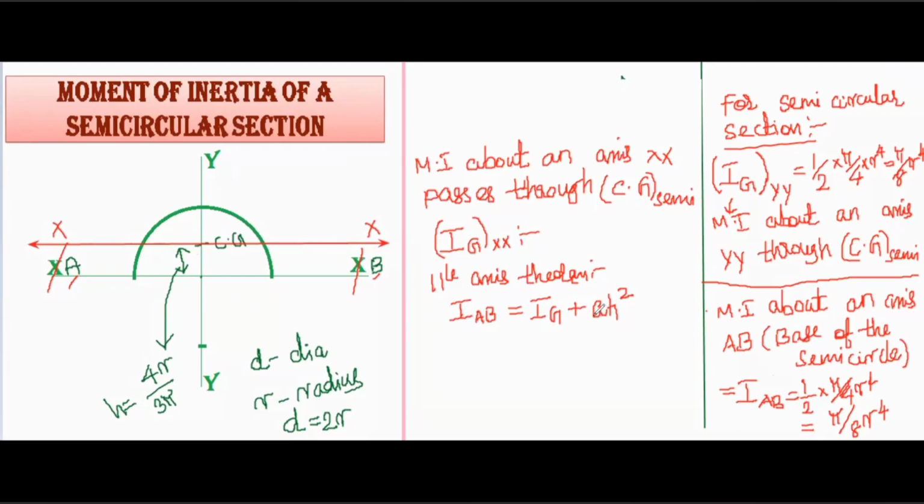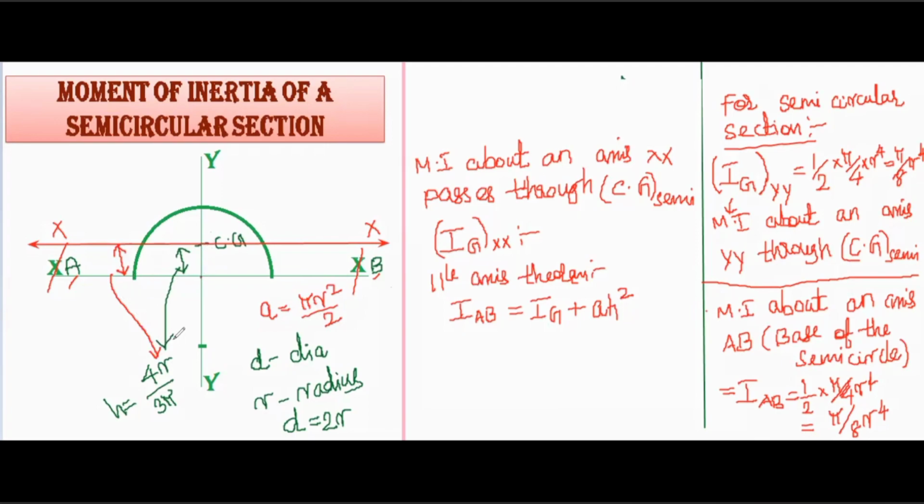The area of the semicircle we also know, because the area of the circle is pi r square, so the area of the semicircle is pi r square divided by 2. And h is the vertical distance between these two axes, actually the distance 4 r by 3 pi from the base to the center of gravity.